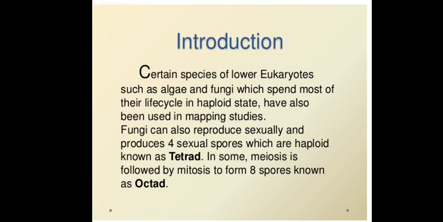Fungi can also reproduce sexually and produce four sexual spores. As it produces four such haploid sexual spores, they are known as a tetrad, and tetrad formation takes place. In today's lecture, we are going to study the analysis of those tetrads.